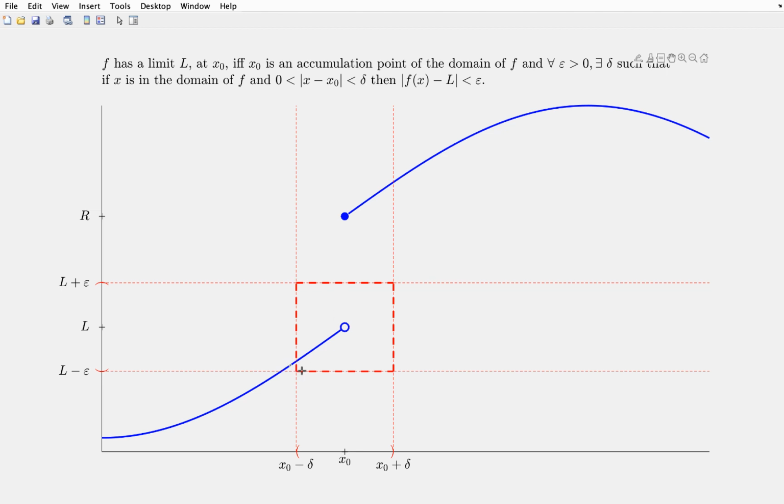And no matter how small I make delta, that's always going to be true. So for this epsilon, there is no delta for which this statement is true. I can find an x arbitrarily close to x naught for which this bound is untrue.